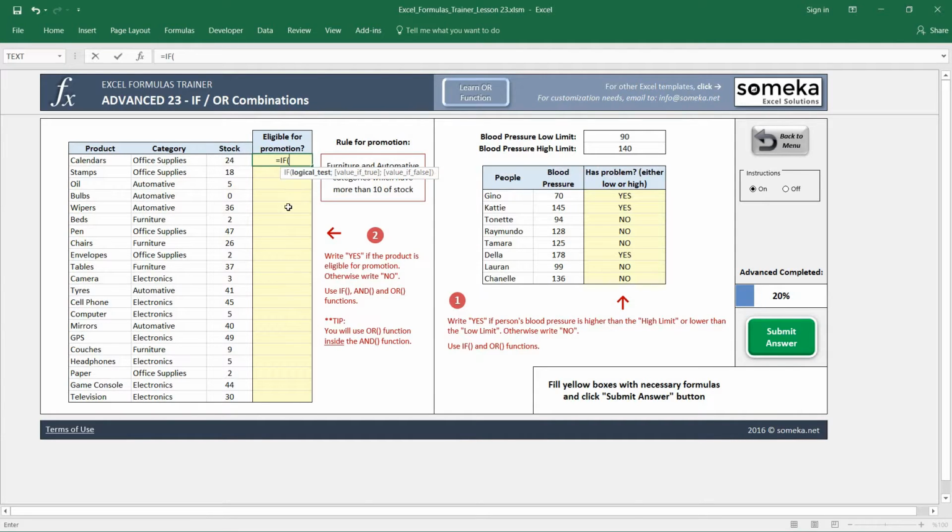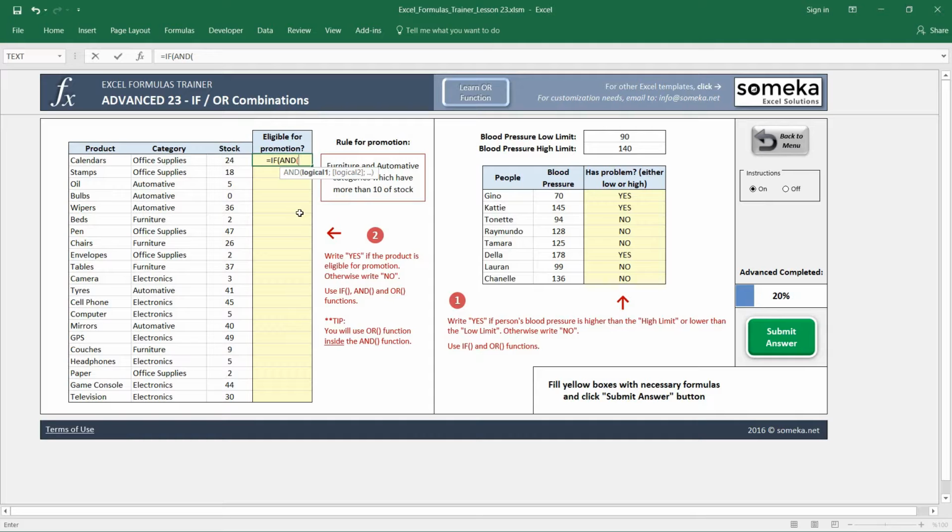If our category is furniture or automotive and our stock is more than 10, we will write yes. So firstly, I write AND.